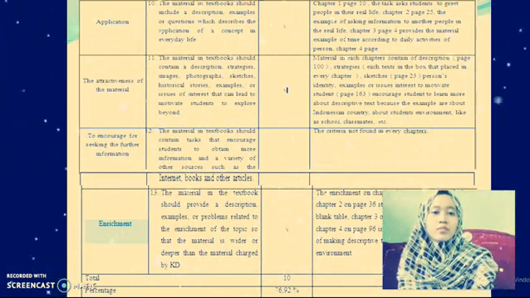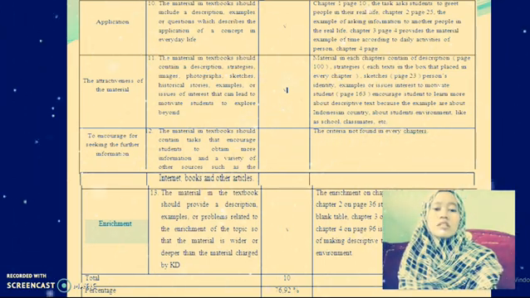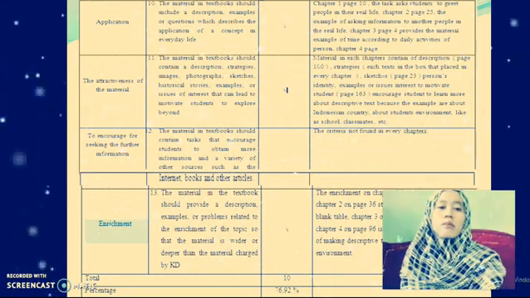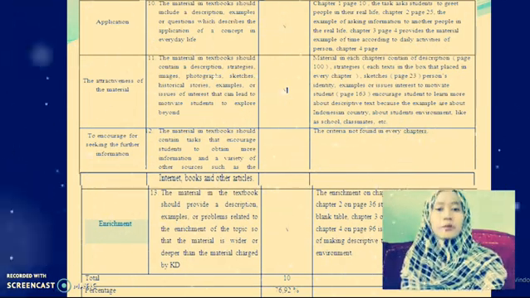And the next point is encouraging seeking further information. This point is not fulfilled because the criteria are not found in every chapter.